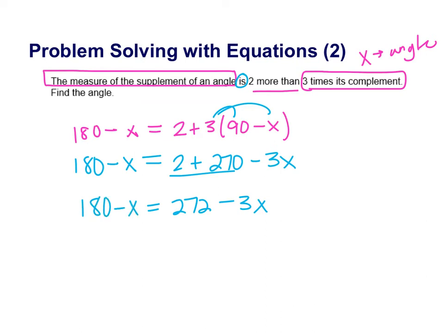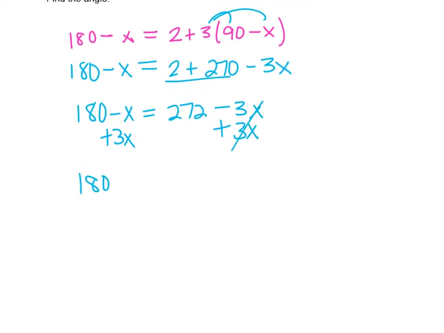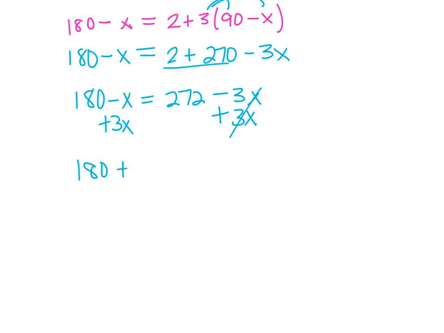Let's get the x's on the same side, so we'll go ahead and add 3x to both sides. So negative x plus 3x is a positive 2x equals 272. And then we're just trying to get that x alone now. So we'll subtract 180.